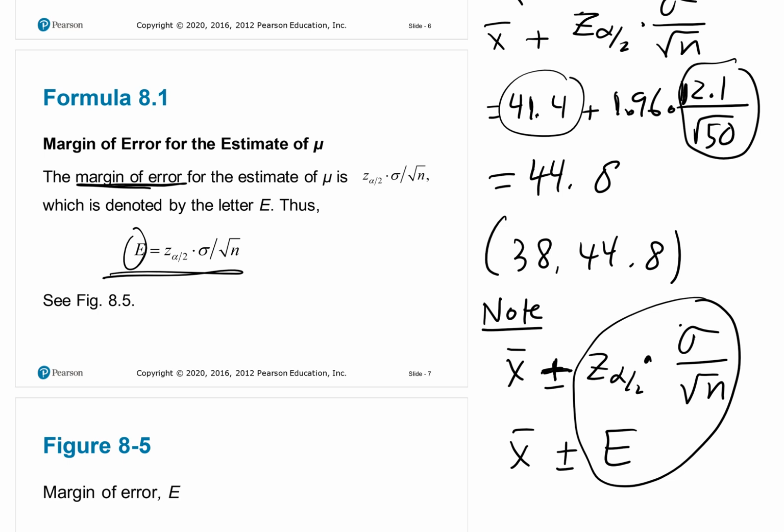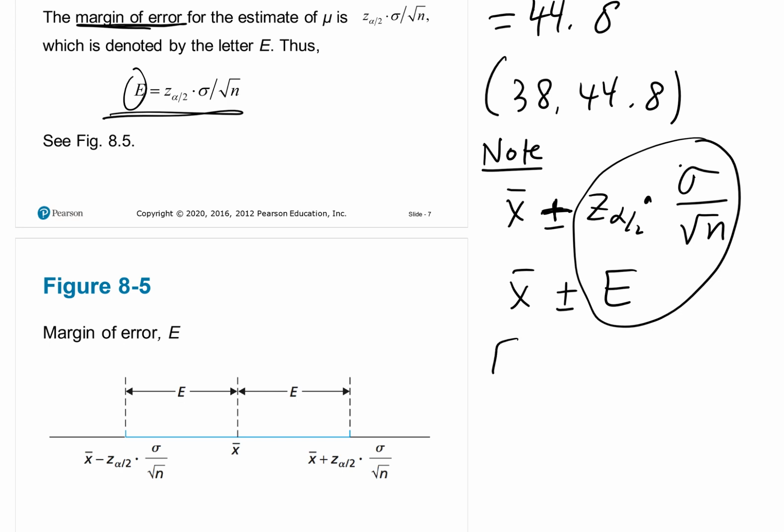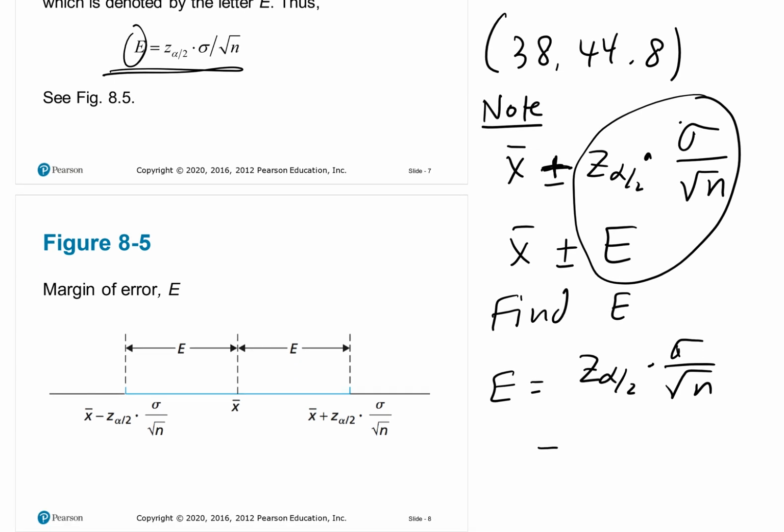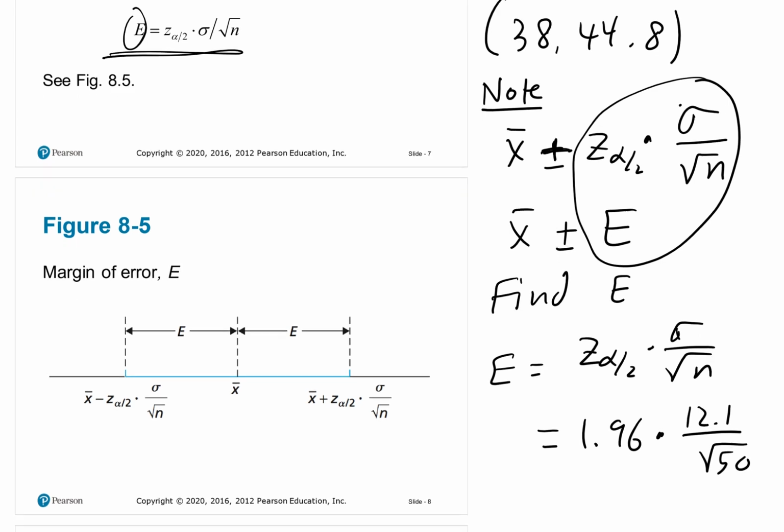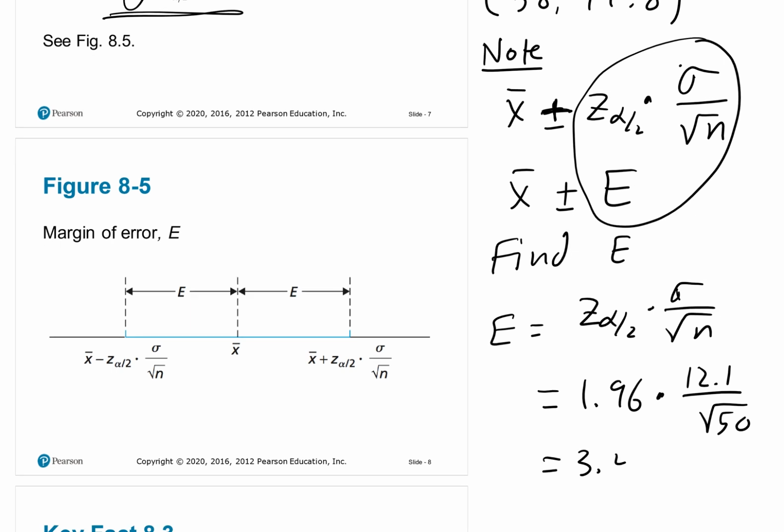For the previous example, find E, which we already did: Z sub alpha over 2 was 1.96, and the standard deviation was 12.1 over the square root of 50, and that gives us 3.4.